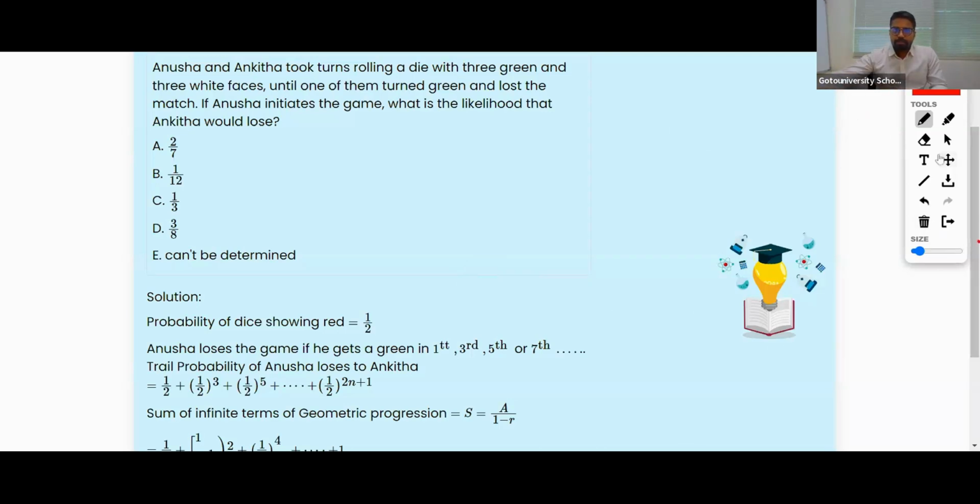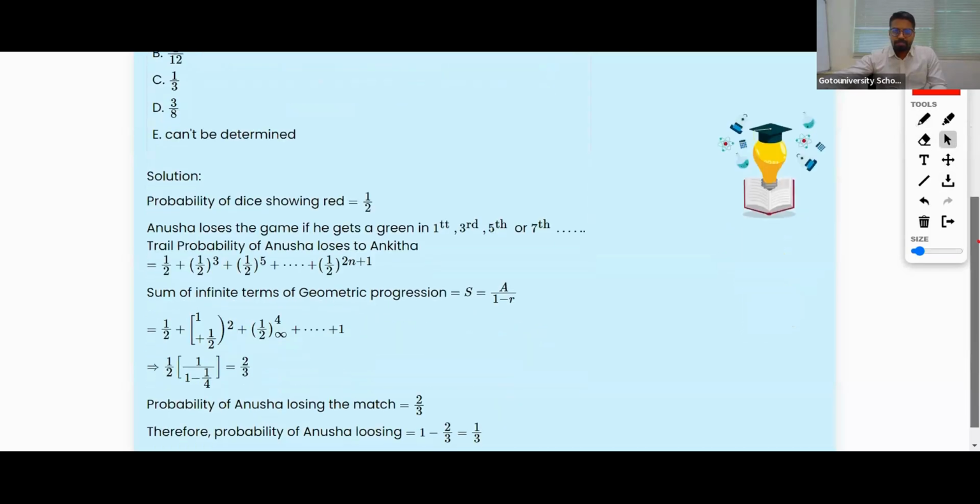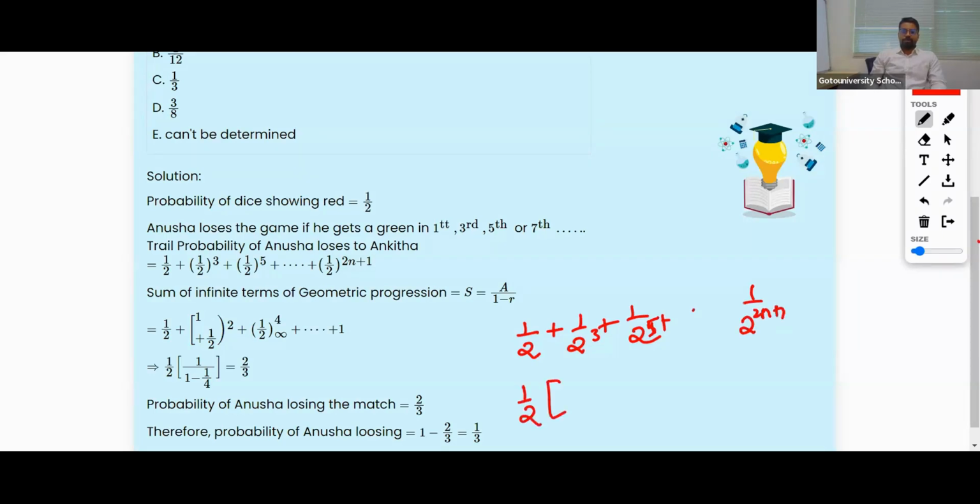The answer to this question is now an infinite series: 1 by 2 plus 1 by 2 cube plus 1 by 2 power 5 till 1 by 2 power 2n plus 1. Taking 1 by 2 common, it becomes 1 plus 1 by 2 square plus 1 by 2 power 4 till infinity.